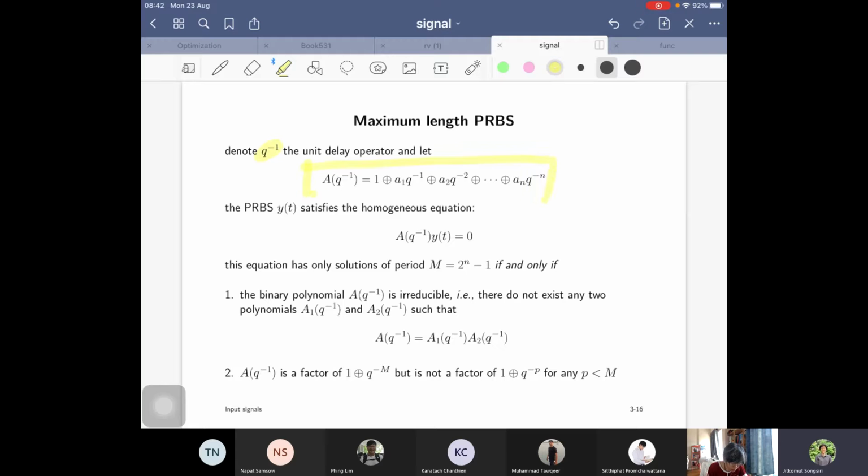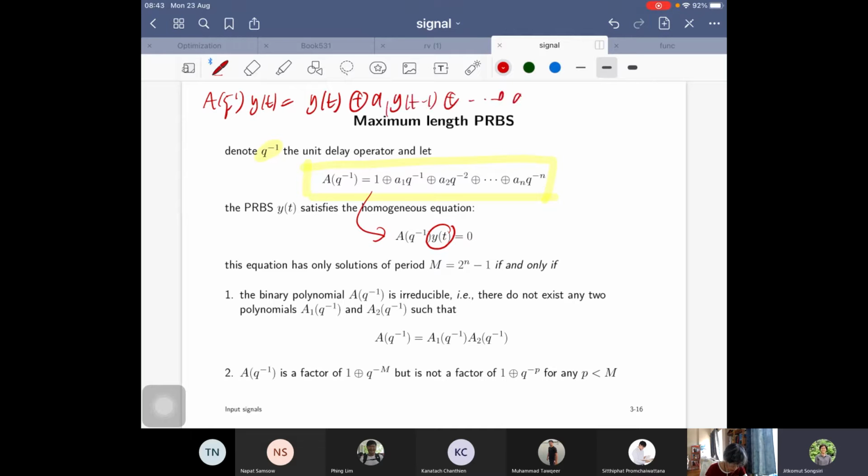If we define the polynomial A(Q inverse) like this, and consider this polynomial operator with a sequence yt, if you write it out, A yt is given by yt plus a1 yt minus 1 plus dot dot dot plus an yt minus n, modulo 2.